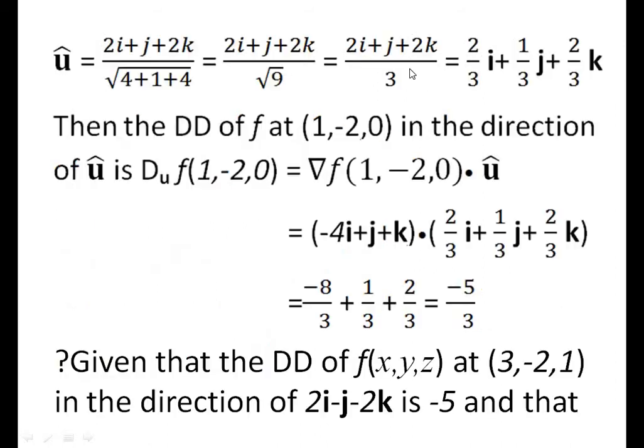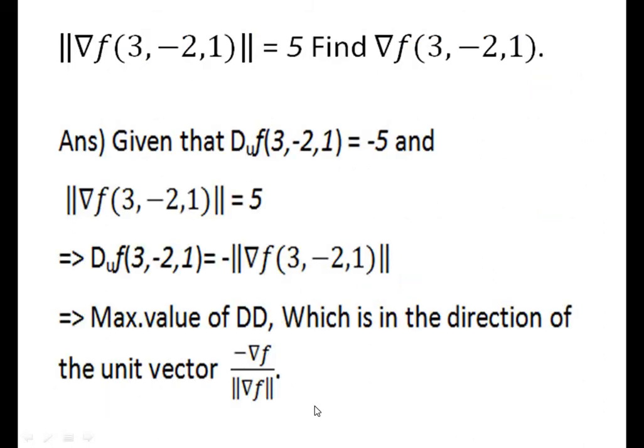Here we are only given the directional derivative of that function at the point 3, minus 2, 1 equal to minus 5 in the direction of a vector, and also norm of del f at that same point equal to 5. Rewriting the given condition, Du of f at the point 3, minus 2, 1, that is the directional derivative in a unit vector, equals minus 5, and norm del f equals 5.